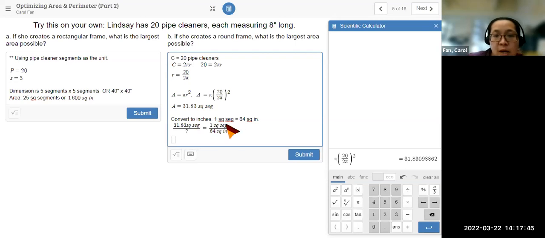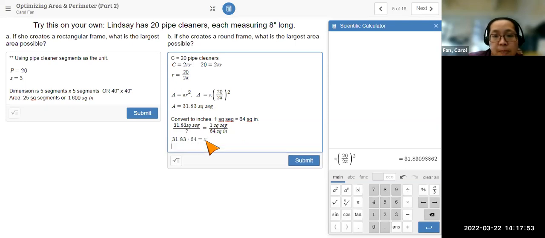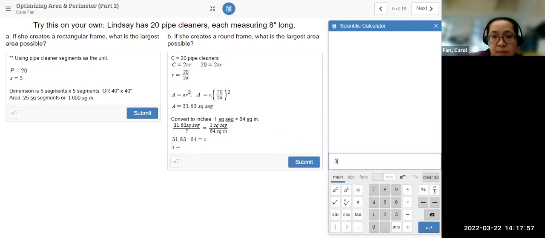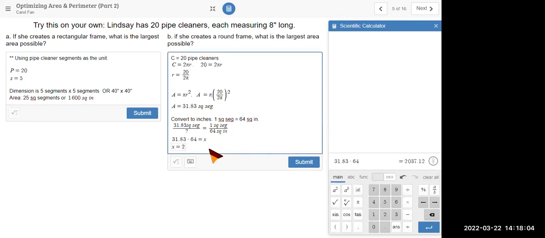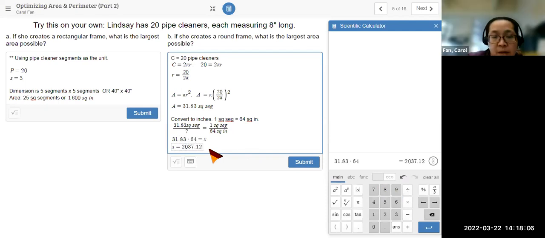So let's cross multiply. 31.83 times 64 equals x. Okay, x is equal to 2,037.12 square inches.